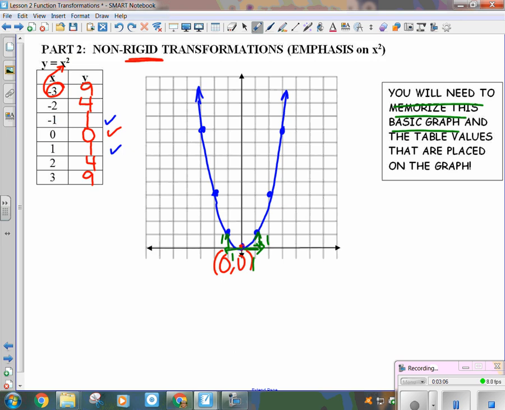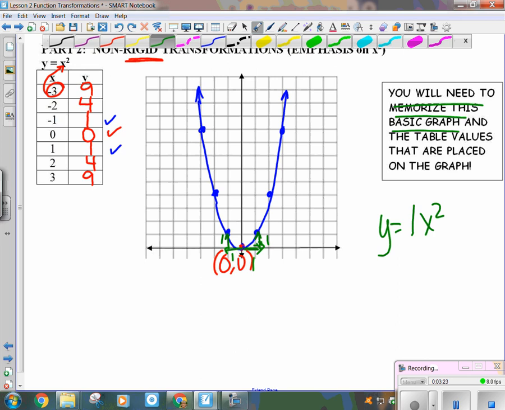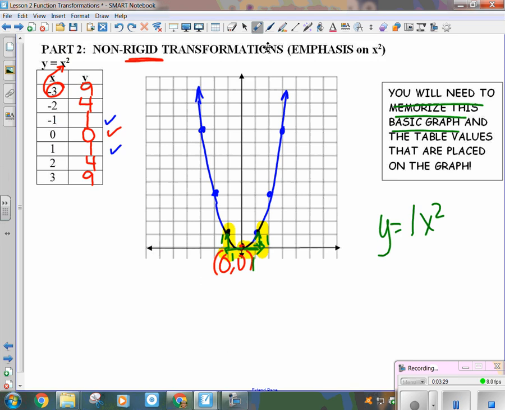This is x squared, so that's basically like 1x squared, so we go up 1. When that changes to a 2, we're going to go up 2 because we're going up twice as fast as normal. So please keep in mind the basic: over 1, up 1. Backwards 1, up 1. That is a key feature to memorize.